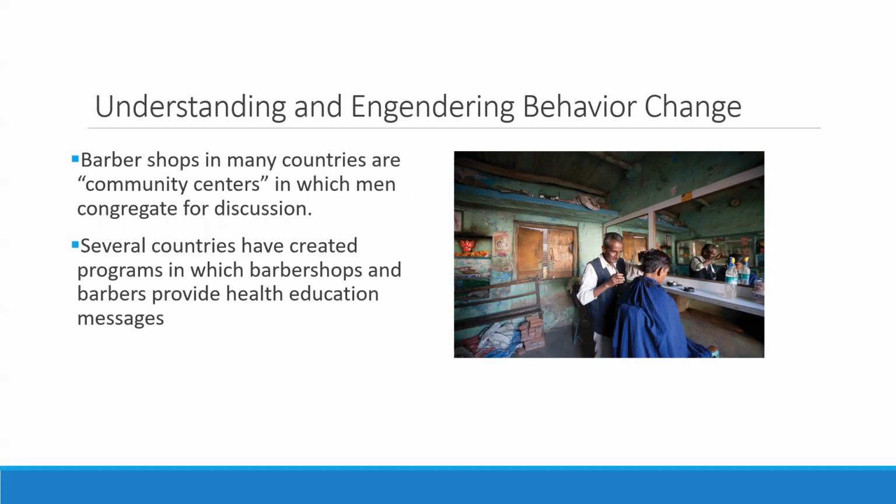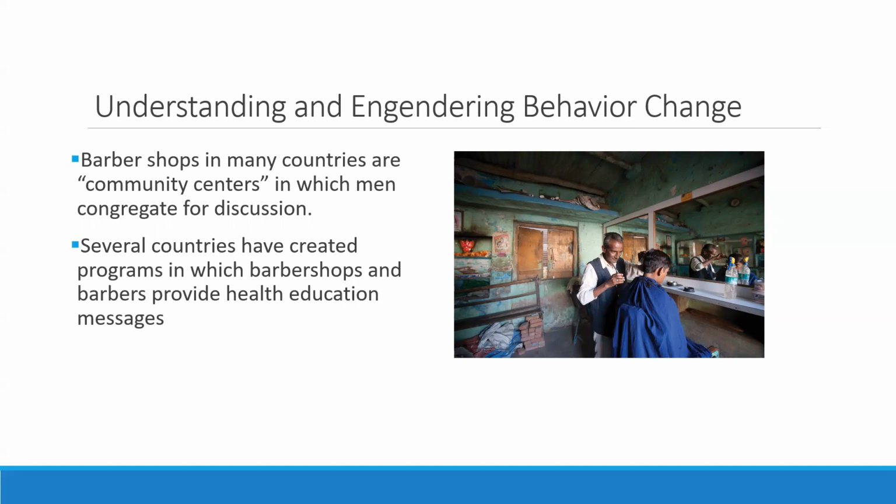This is just an example of some innovative ways where health education has been integrated into central places of communities where people gather. This is an example of a program that used barbershops as a way to disseminate health education. Other programs very intentionally engage faith-based organizations.